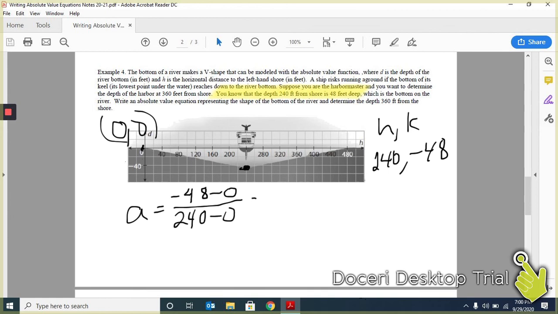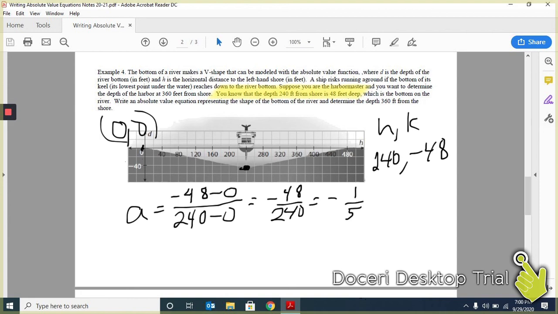So my answer comes out to be negative 48 over 240, which I believe is 1/5. Yeah, it's negative 1/5, okay?